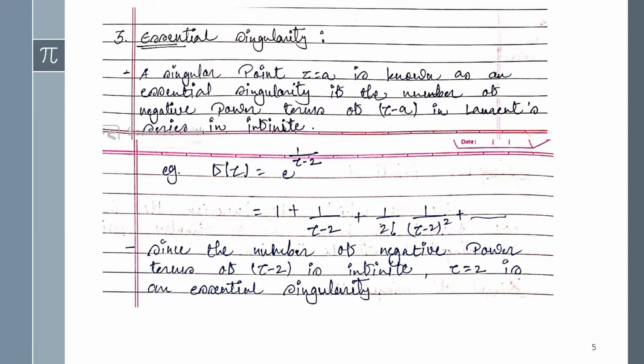To understand essential singularities, the function will be in the form of an exponential, like e raised to 1 upon z minus 2, or maybe it can be like e raised to 1 upon z square. Such a function can also be formed.